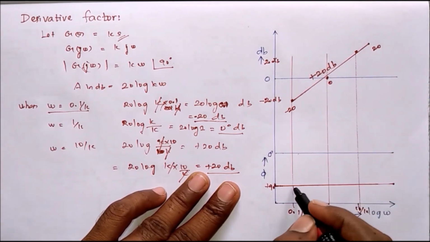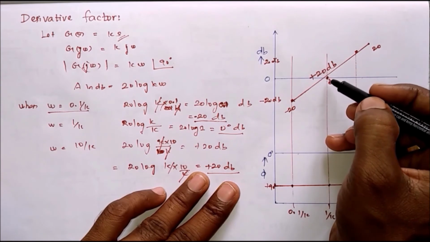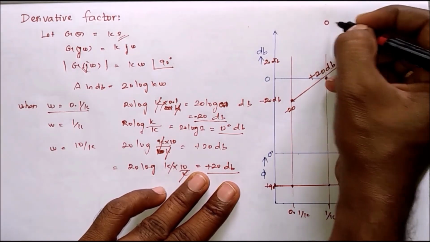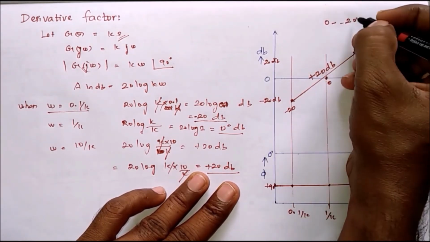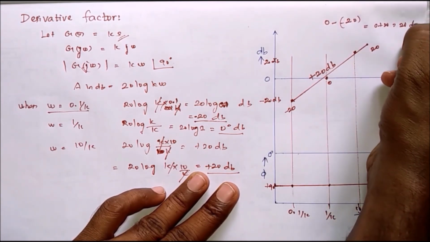It means from one frequency to another frequency, the change in magnitude is 0 minus minus 20, therefore 0 plus 20 equal to plus 20.